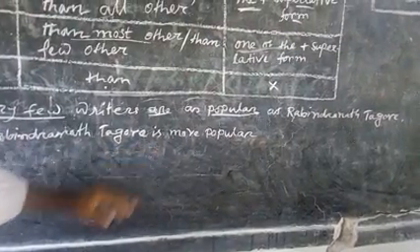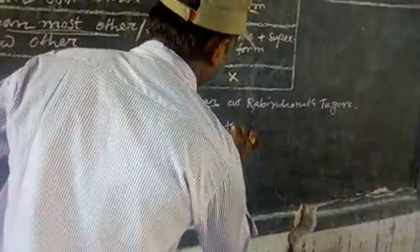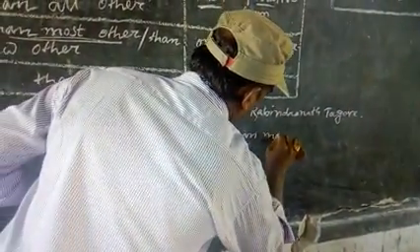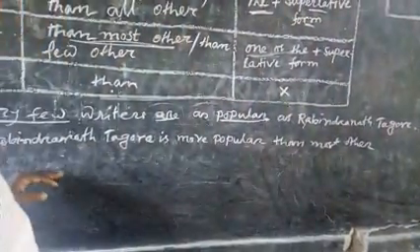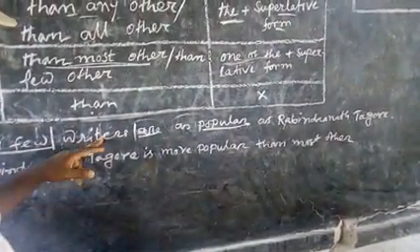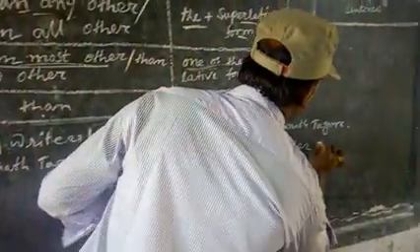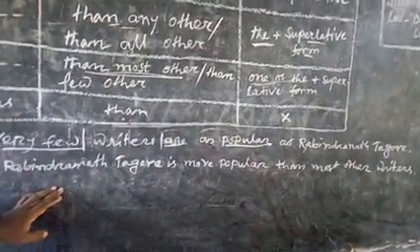Rabindranath Tagore is more popular than most other. And at last, after very few, before the verb portion, writers. Rabindranath Tagore is more popular than most other writers.